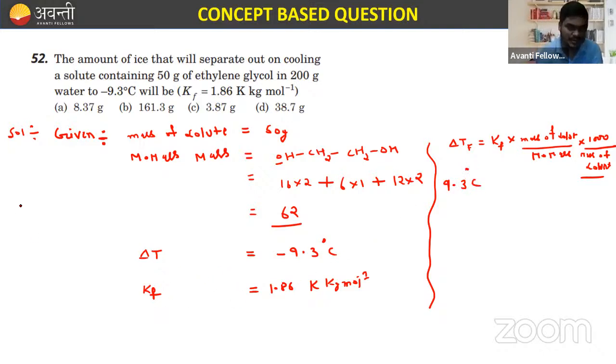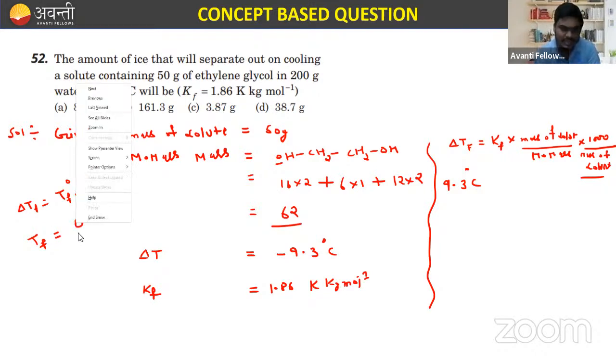We know that delta T is equal to TF naught minus TF. So what is this TF? TF naught is nothing but 0 degree Celsius. So 0 minus, and delta TF is already given, minus 9.3.